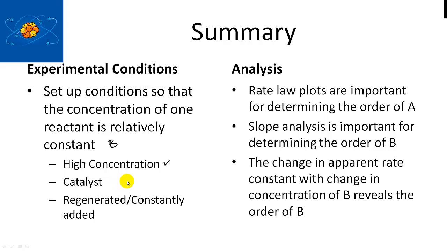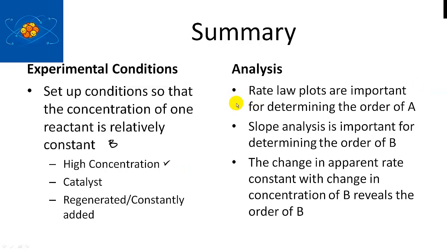You could also test the effect of a catalyst. The catalyst concentration can be held constant because the catalyst isn't consumed during the reaction. However, you can still vary the concentration of a catalyst and look at the change in the apparent rate constant. The other thing that you can do is constantly add the material or set up a clever reaction or two to regenerate the reactant so its concentration stays constant.